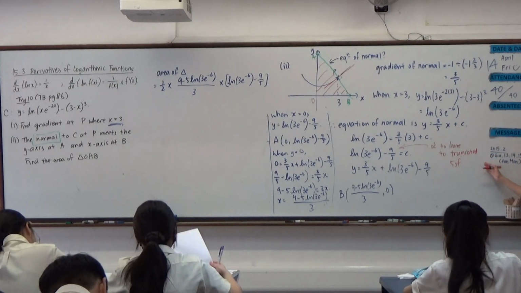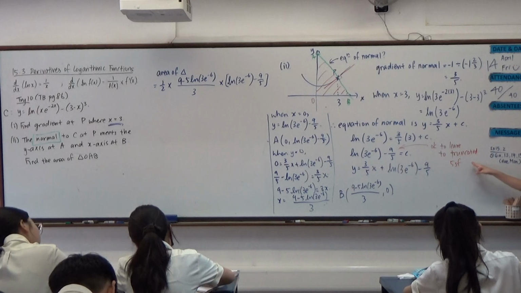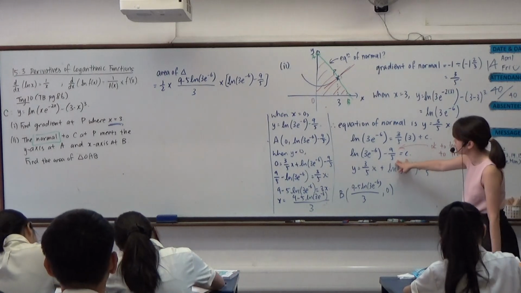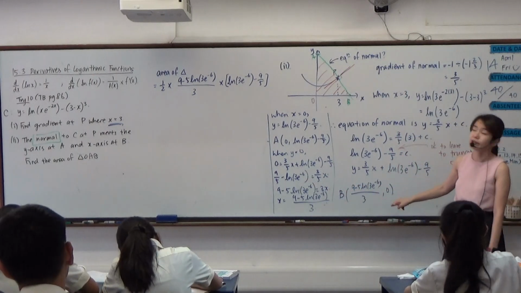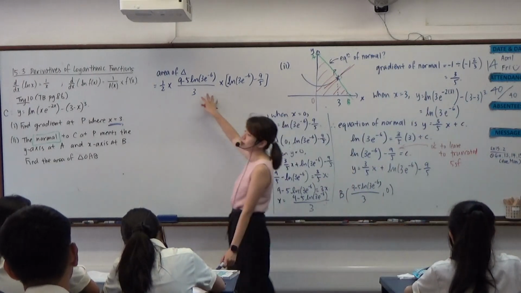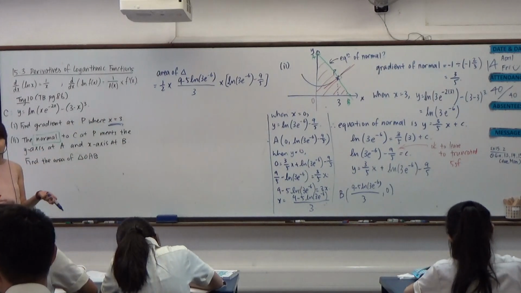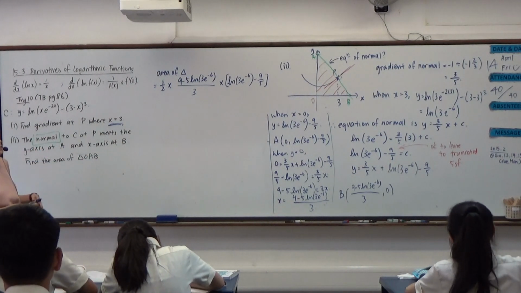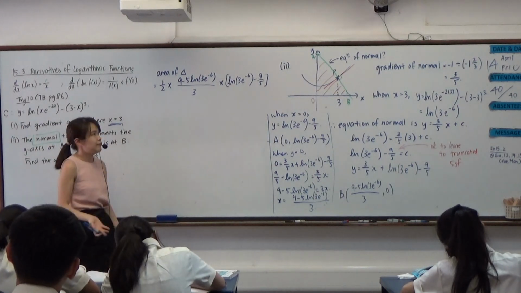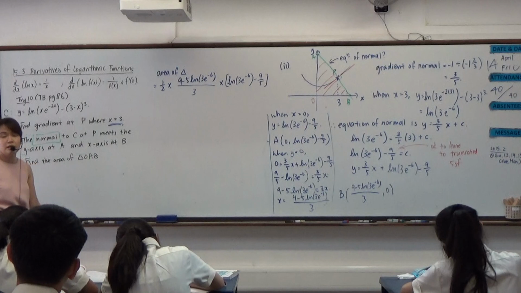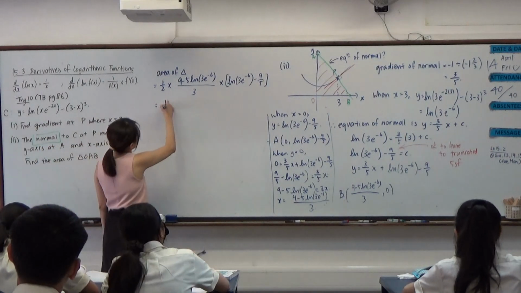So if you want to leave it as decimal, you can work with decimal values. Use truncated 5SF for the subsequent calculations, and for the final answer, we round off to 3SF. That's your accuracy practice. But I mentioned again and again, we learn how to do it exact, as a practice.